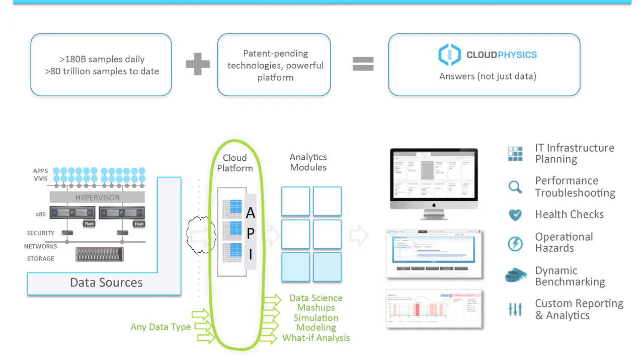Now, our setup of the whole service roughly starts with we provide our end users with a small virtual machine that serves as a data collection engine that uses our end users' management server API to collect data. We call generically these data sources. They could be, for example, VMware's vCenter management server or Microsoft System Center server.